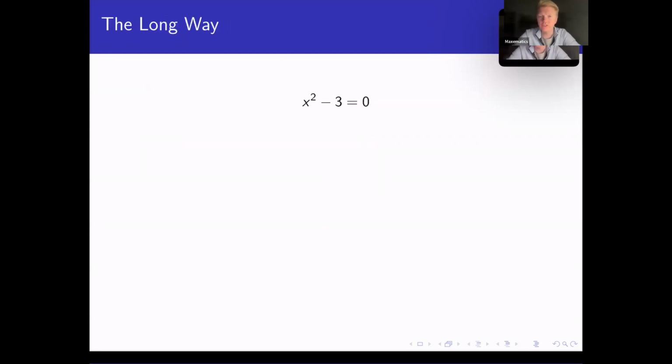Okay, so x squared minus 3 equals 0. How we would do this before via factoring is a little different. We would say, oh, this is a squared minus b squared, a difference of squares, which factors as a plus b times a minus b.